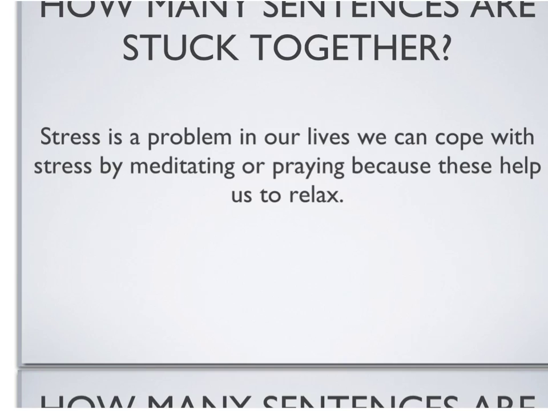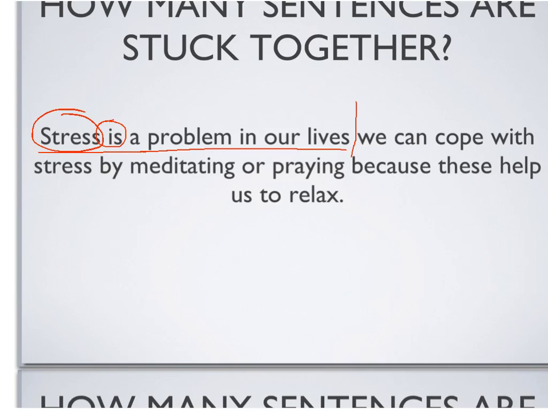Here is a run-on sentence. How many sentences are stuck together here? Pause the video while you count. Now let's count the sentences. Stress is a problem in our lives is one sentence. Here's the subject, here's the verb.